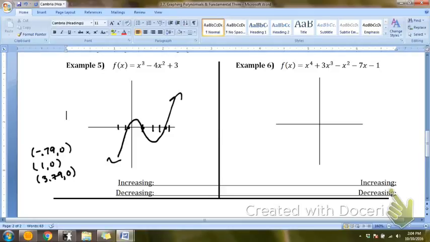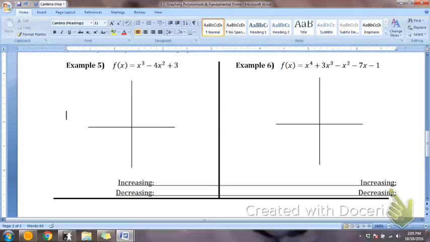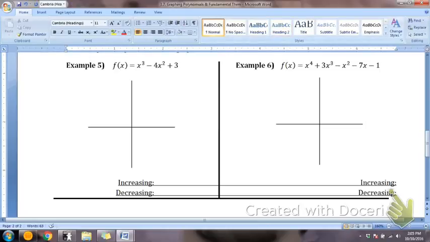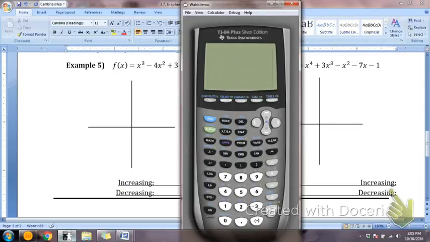This is kind of what our graph looks like on the calculator. That's really hard to do, so that's our best shot.